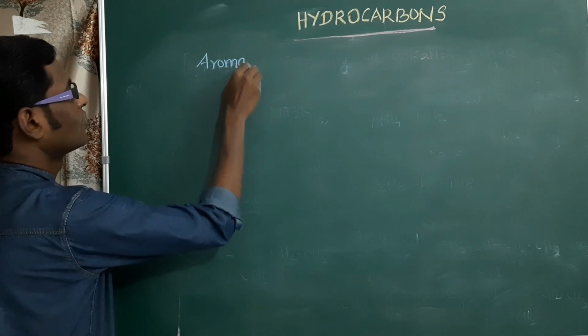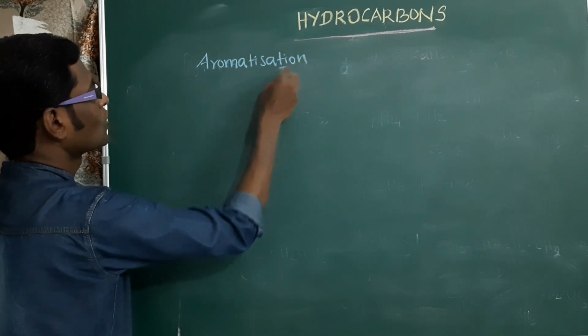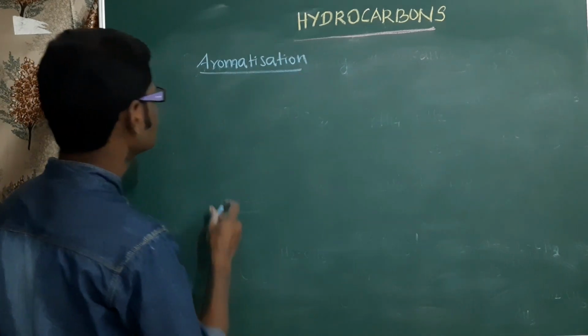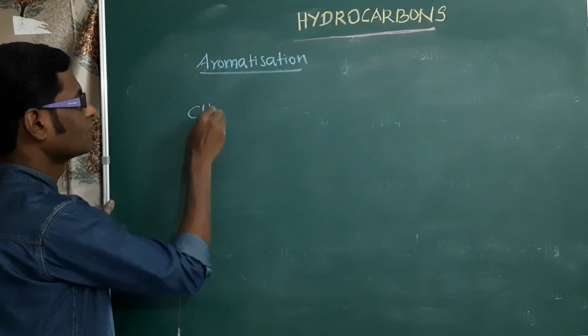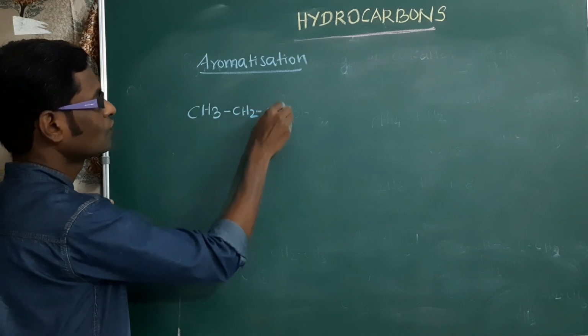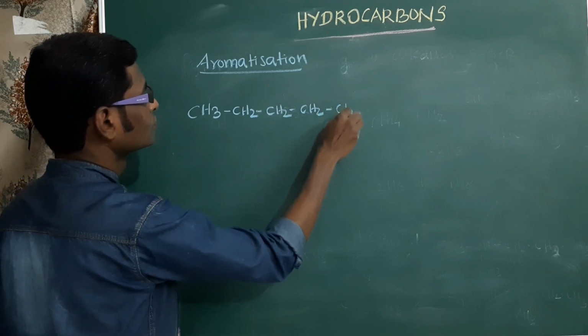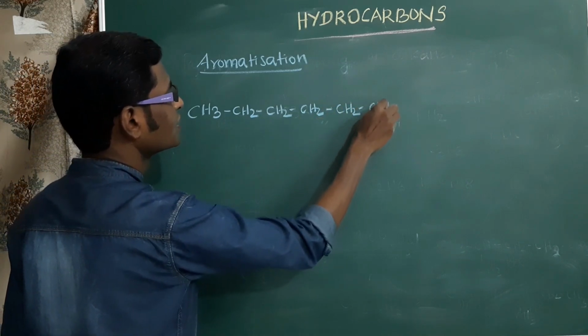The first member of aromatic hydrocarbons is benzene, so the alkane must contain at least 6 carbon atoms. So we will take hexane, molecular formula CH3, CH2 four times, then CH3.